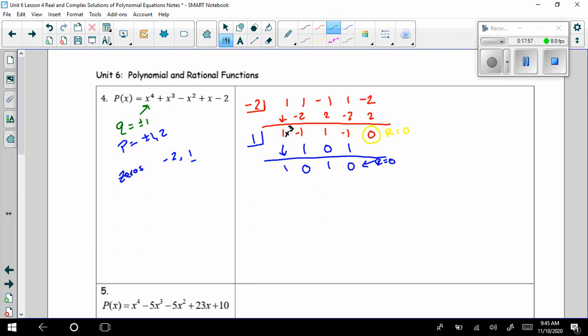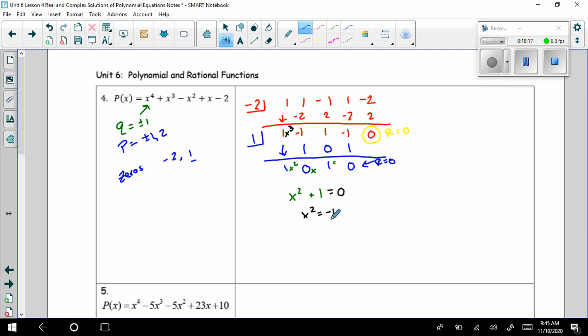I've now successfully converted this down to an x squared. This would be my x, and this would be my constant. So I can rewrite this as x squared plus 1, all right, as my last factor. Well, if that's a factor, I'm going to set that equal to 0 and solve it out.